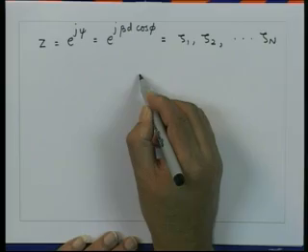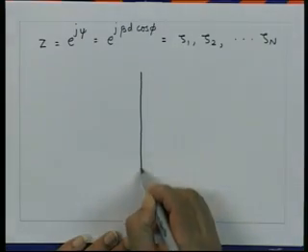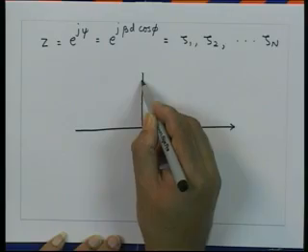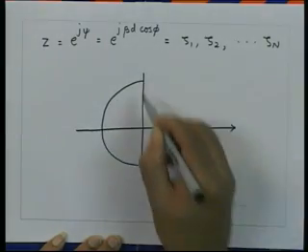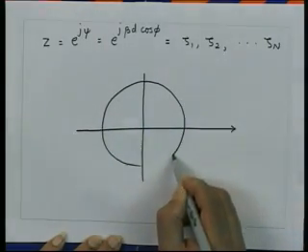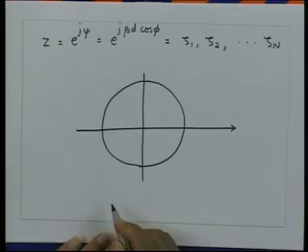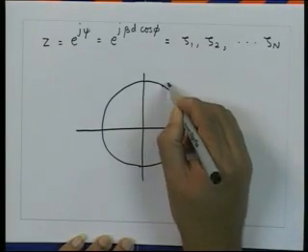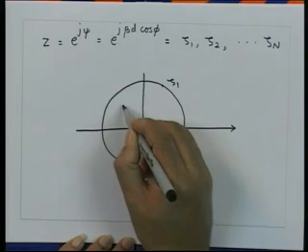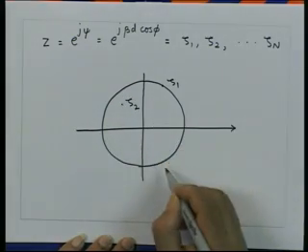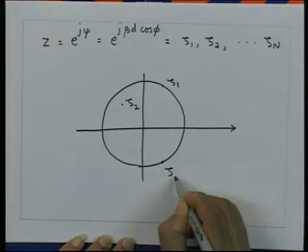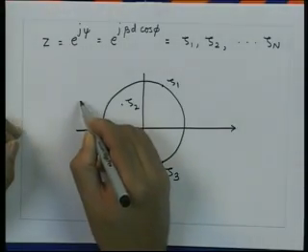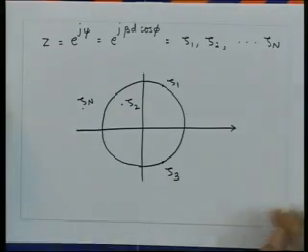So, what we see from here is that in the complex z plane, you have a unit circle, and zeta 1, zeta 2 will lie somewhere. It might lie somewhere here. So, this might be zeta 1, this might be zeta 2, this might be zeta 3 and so on, zeta n.